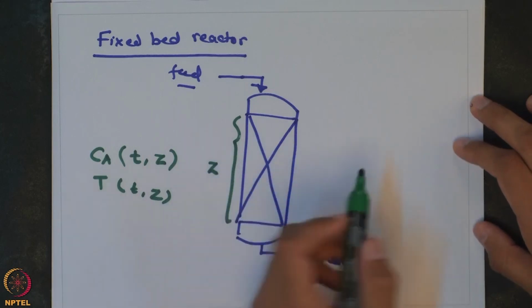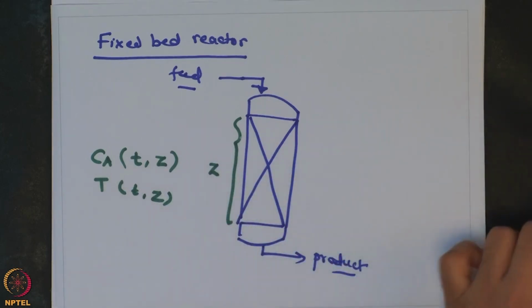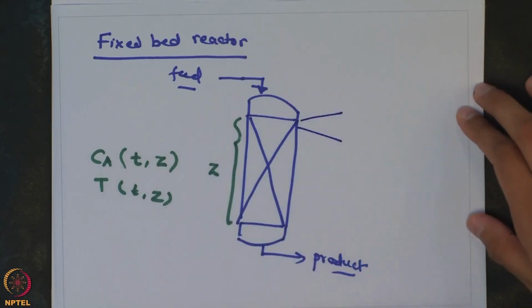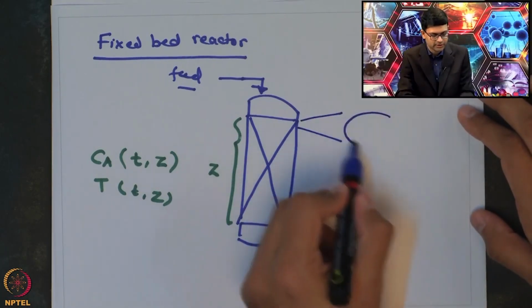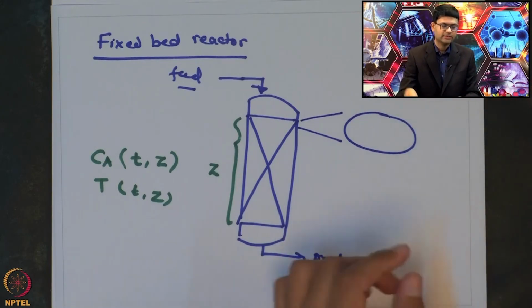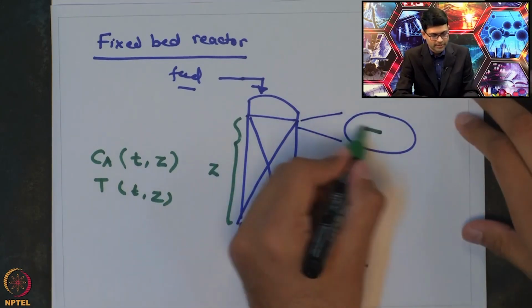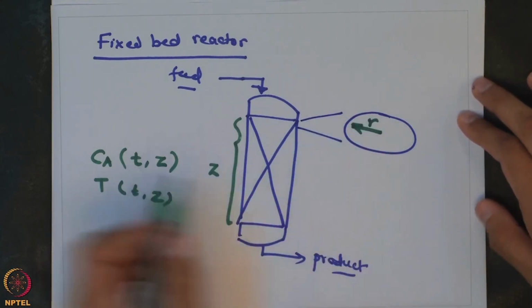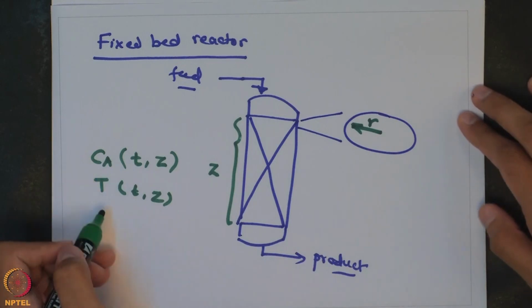If I look at the cross section of this, let us say a circular cross section, then even within this cross section, as a function of radial distance, you may see that the concentrations and temperatures are different.